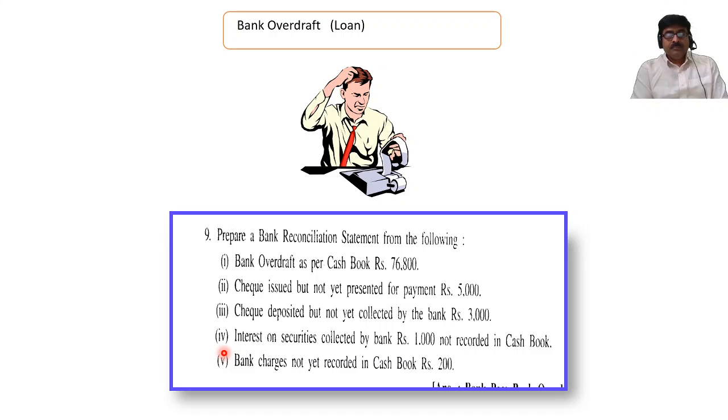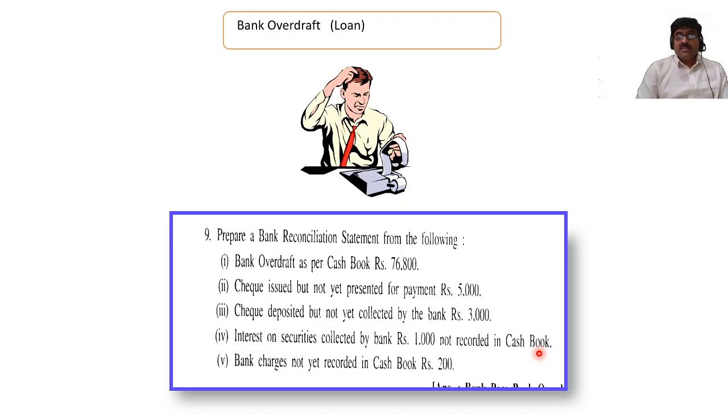Fourth, interest on securities collected by the bank, 1,000, not recorded in the cash book. It is happening in the bank passbook. Interest collected means this is the income credited in the passbook. This 1,000 rupees decreases the overdraft burden to 75,800.